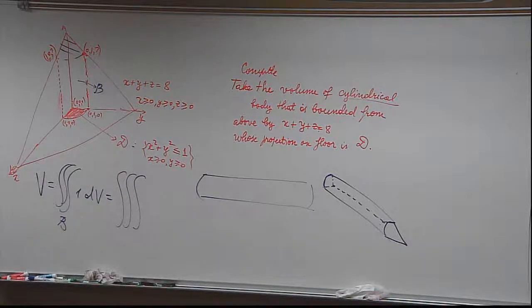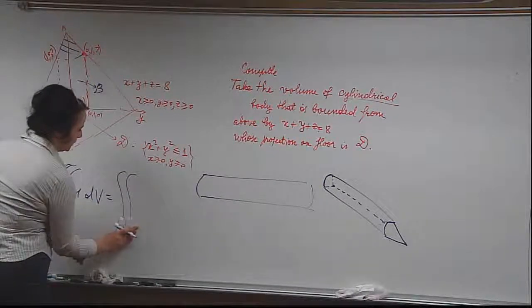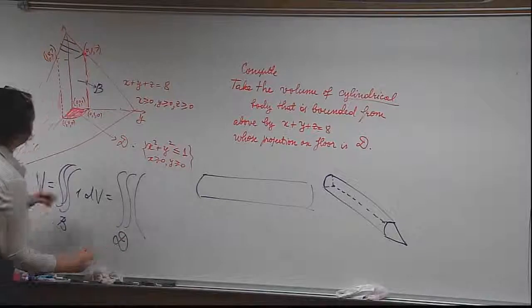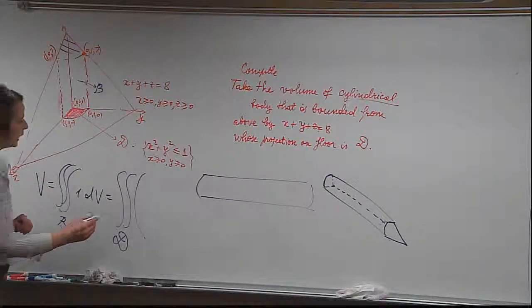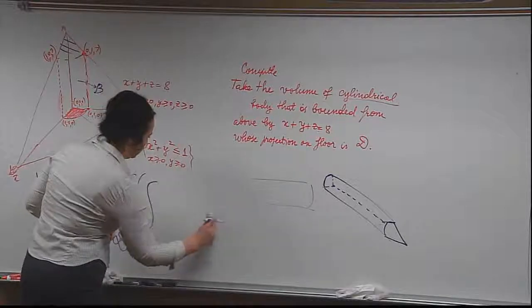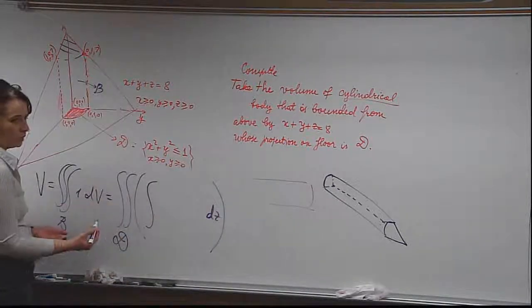Well, this is a little bit tricky. We can say I have a double integral over my domain D. When it comes to the z, Mr. Z has to be first. So Mr. Z says, I'm first, I know where I'm going.